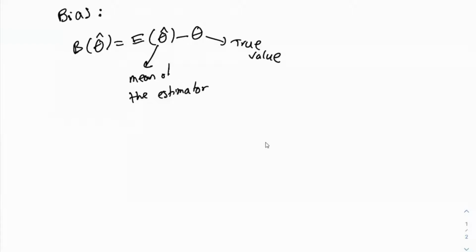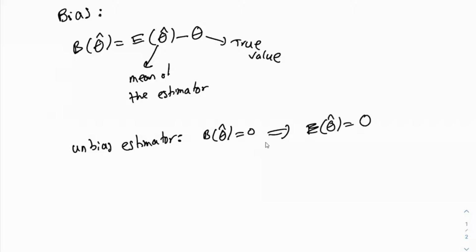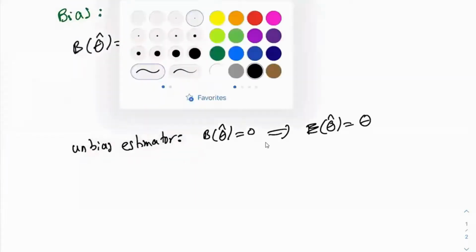Now when we say an estimator is unbiased, what do we mean? An unbiased estimator means B of theta hat is equal to 0. Therefore, the expected value of the estimator is equal to the true parameter. That's what unbiased means. Okay, good.